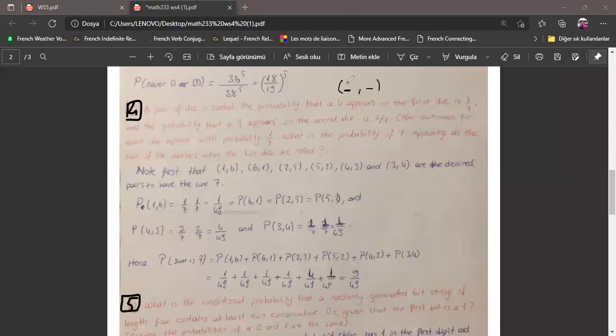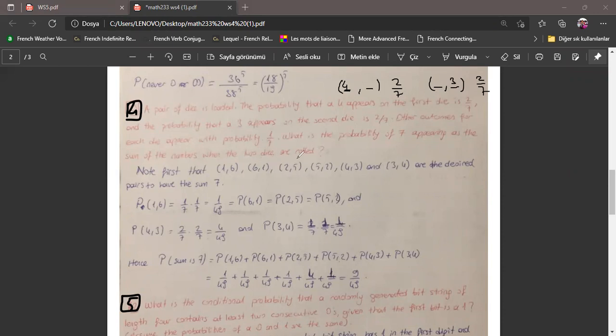So if we have 4 in the first, the probability of that appearing in the first die is 2/7. And if we have 3 in the second, as given here, the probability of that is 2/7 again. And the other outcomes have probability 1/7.